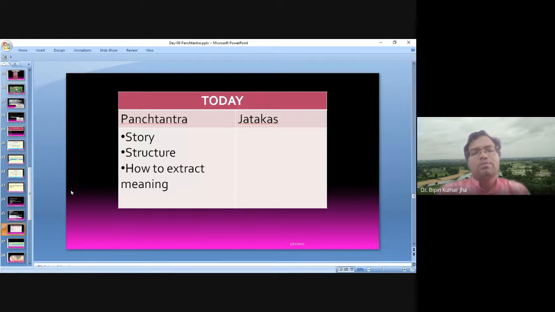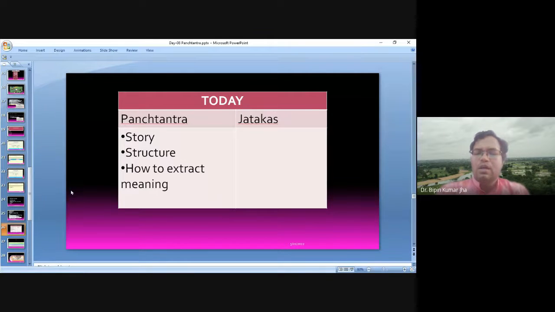In another sense, it is used for fables, or you can say texts written to explain moral concepts by using different types of stories.